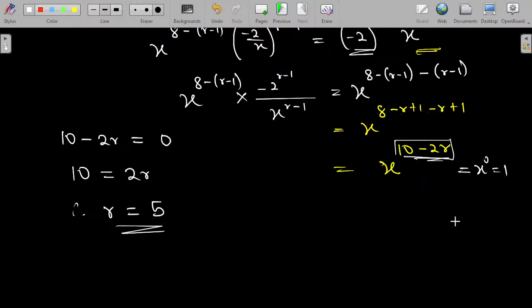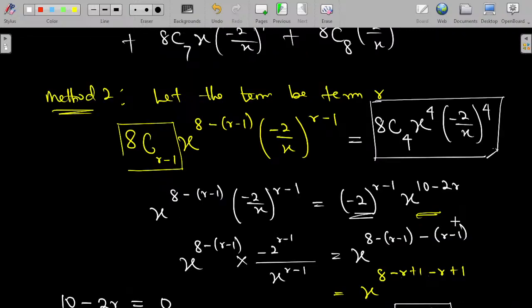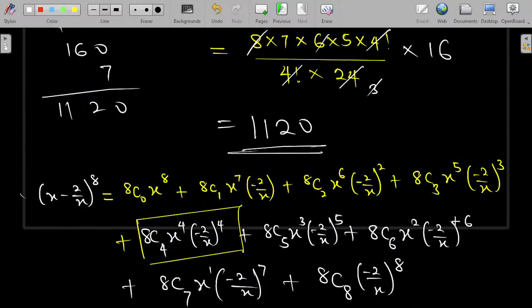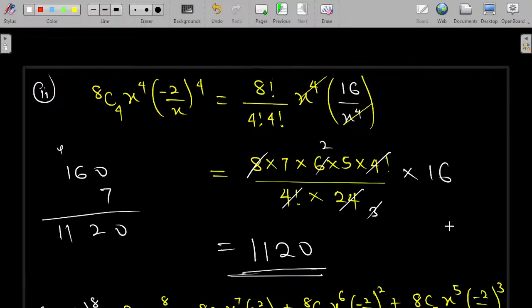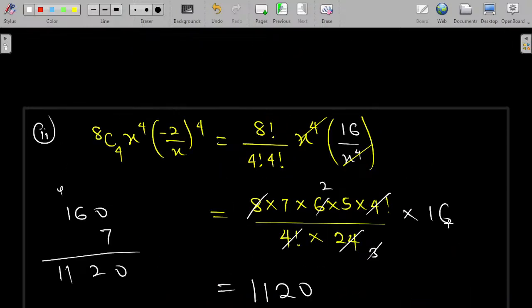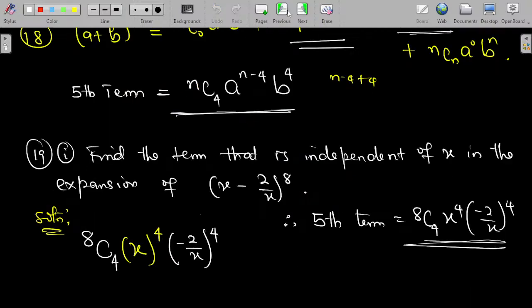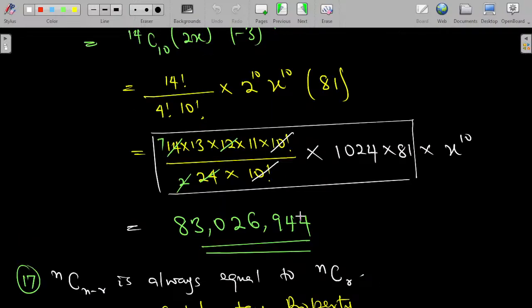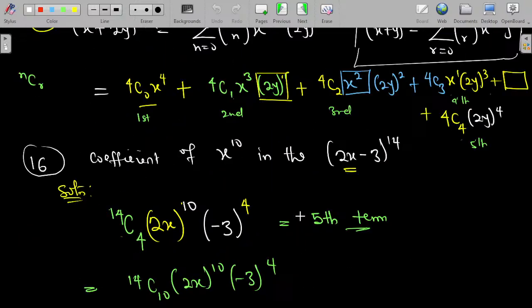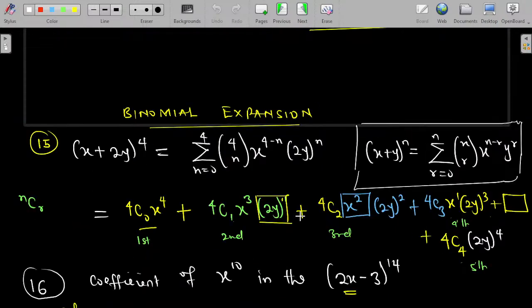So that's the completion of part 2 of this exercise, which you call module 2. So this is for number 19, 19II. Okay, 18, 17, 16, and 15, which was where I started.